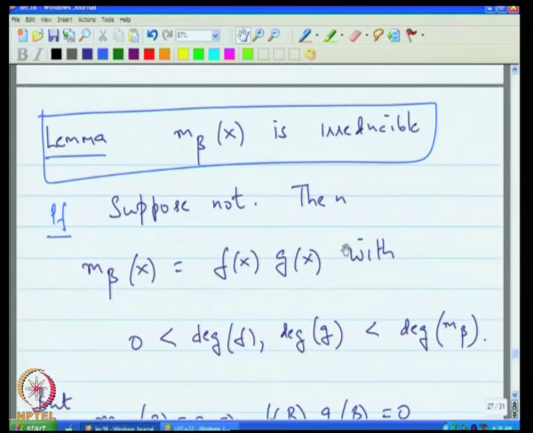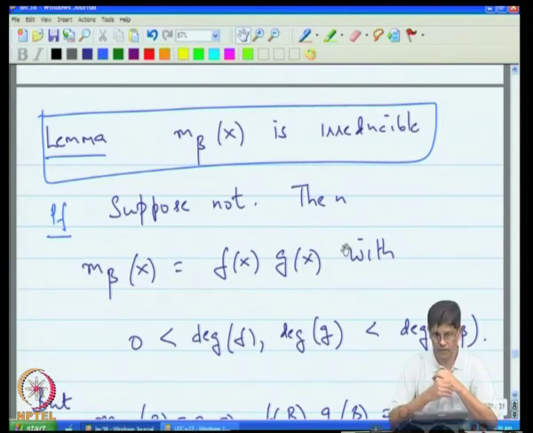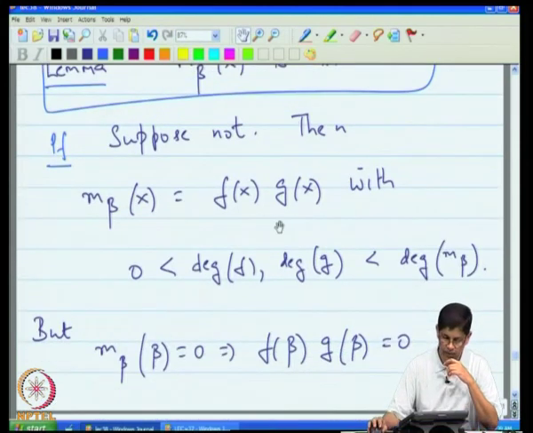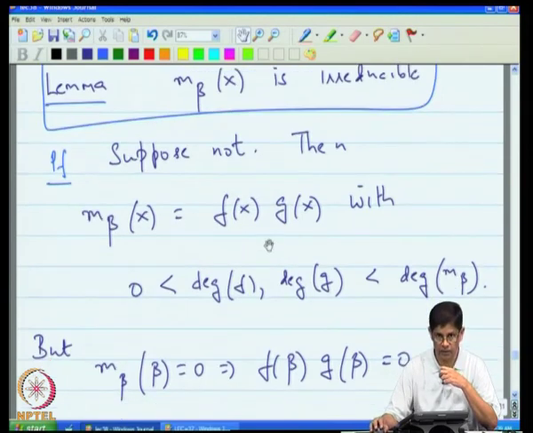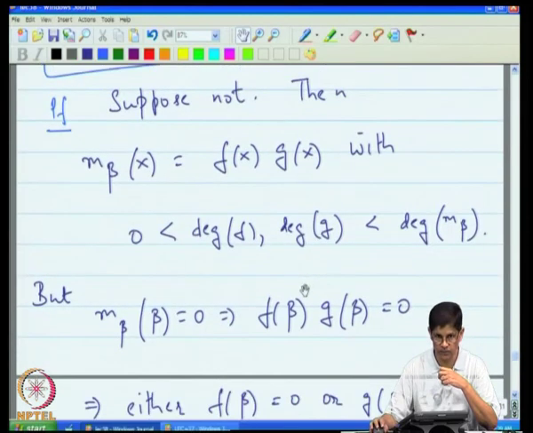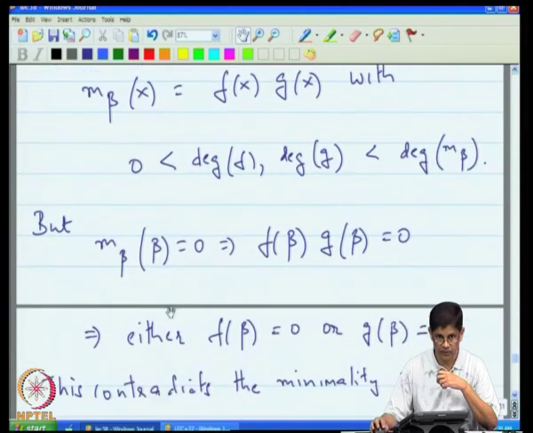The first lemma says that look, m beta of x is irreducible. Now, why must that be? Because supposing the minimal polynomial was not irreducible and that it could be factored into the product of two polynomials, f and g, each of whose degree is less than the degree of m beta, then because m beta of beta is 0, that means that the product of f beta and g beta is 0.